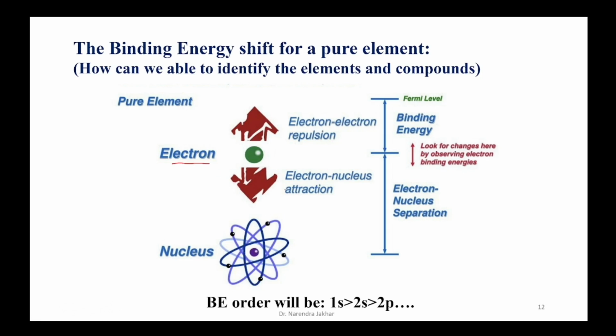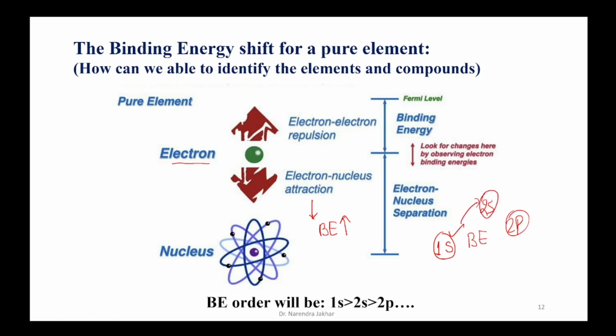The more the attraction of the nucleus on the electron, the more the binding energy. So we know that 1s electrons of any atom have more binding energy than 2p electrons, because 2s and 2p are more outer electrons than 1s.